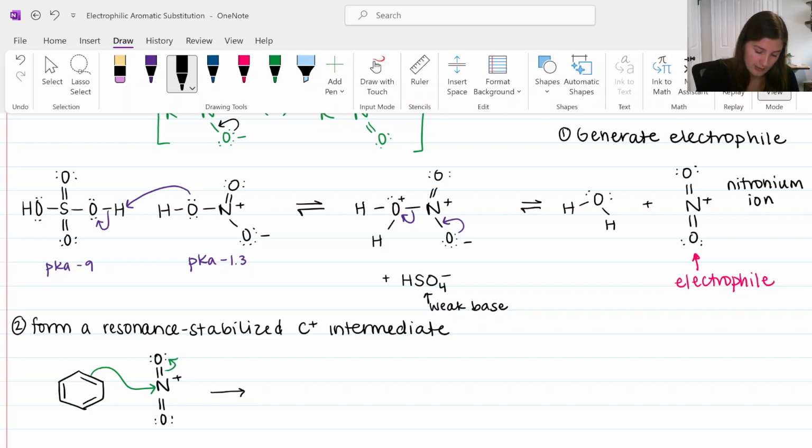This forms our resonance stabilized carbocation intermediate. One of the carbons that was involved in the double bond has a positive charge. The other one is bonded to that nitro group.